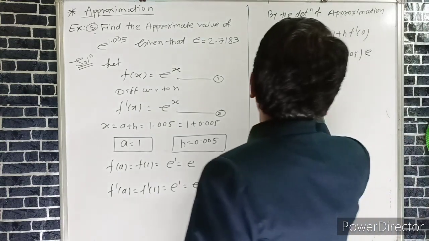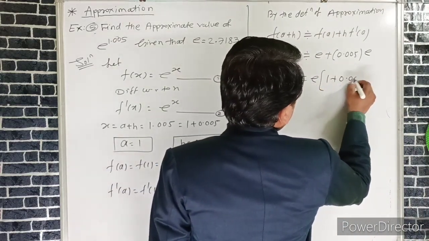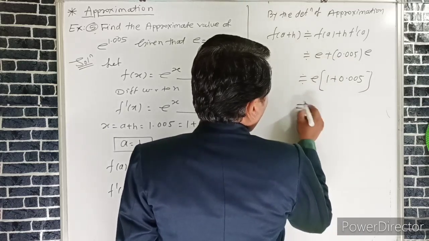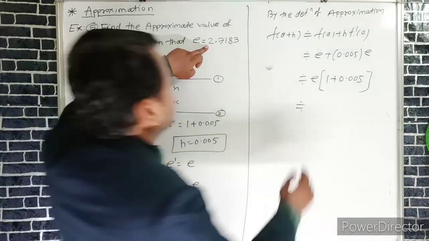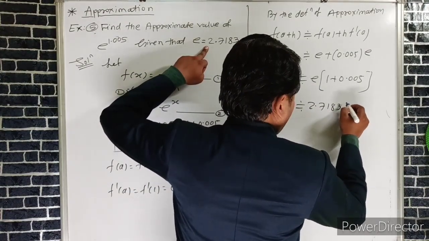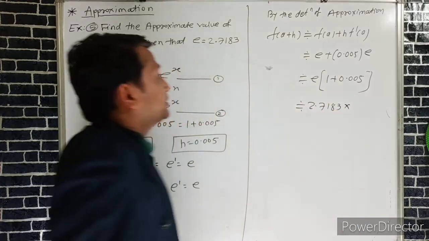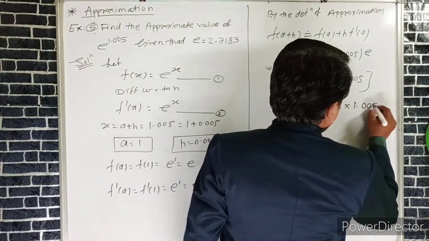If we take e common from both terms, we can write e into 1 plus 0.005. The approximate value of e is given, which is 2.7183, into 1 plus 0.005, which is 1.005.